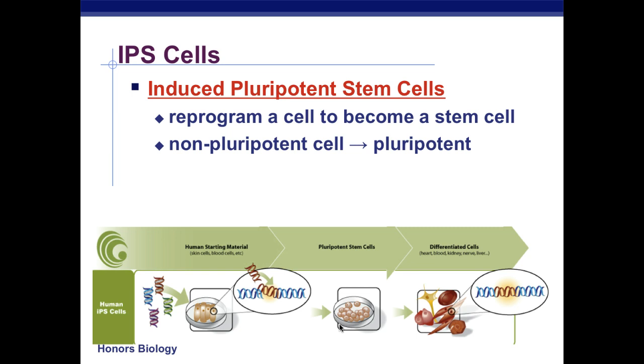So iPS stands for induced pluripotent stem cells, and they are differentiated stem cells that are turned back into undifferentiated stem cells to differentiate them into a specific kind of cell.